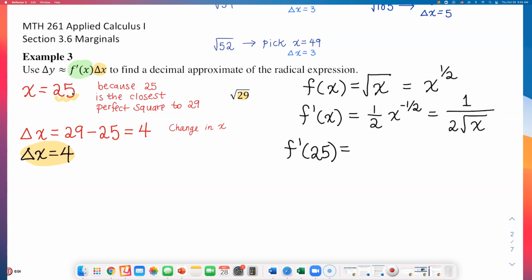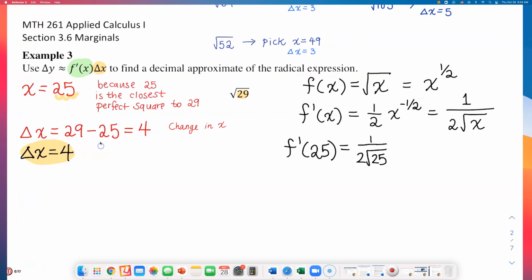If I plug in 25 into this derivative function, that will be 1 over 2 times square root of 25. That is 1 over 2 times 5. So we get that f prime of 25 is 1 over 10.